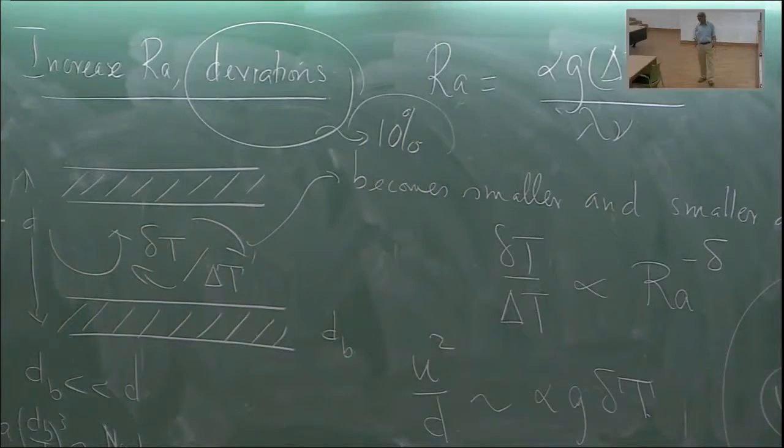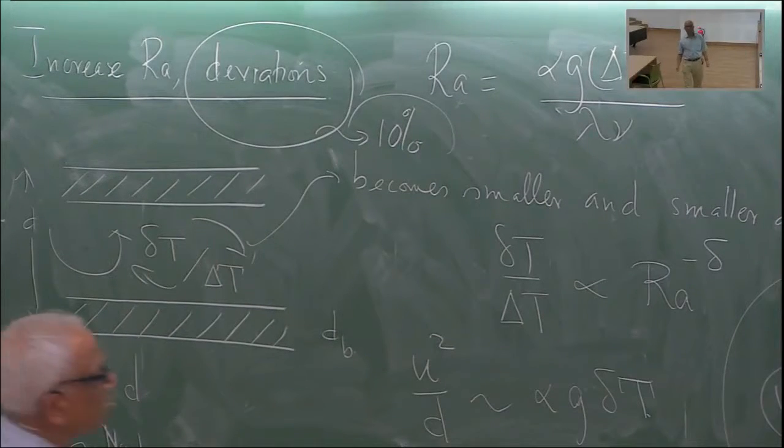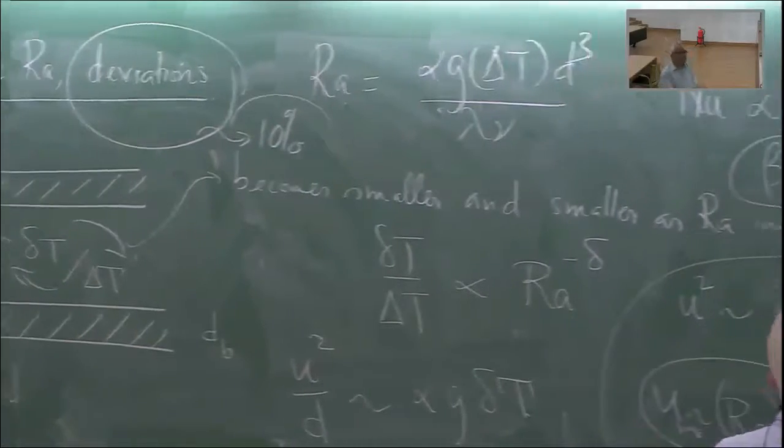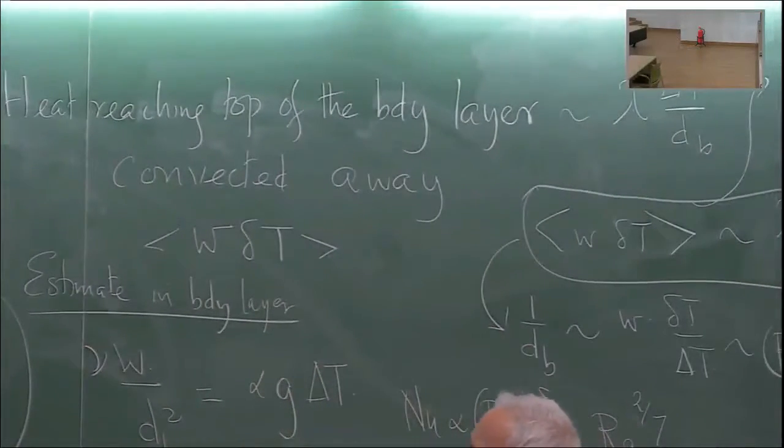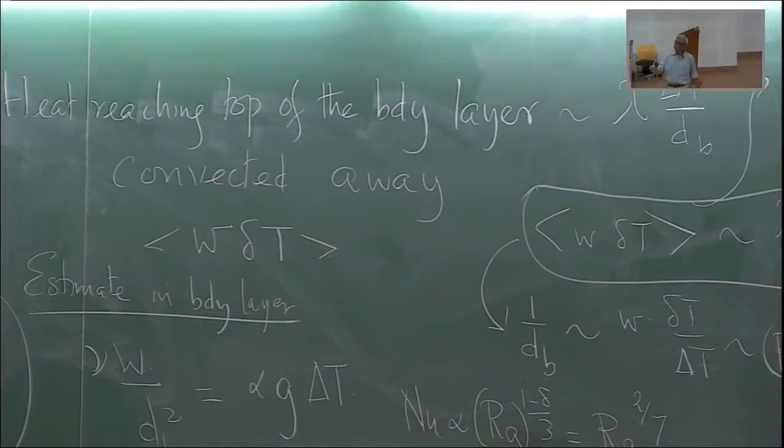So this was late 80s, and then a huge amount of work for the next couple of decades trying to fine-tune and more fine-tune. This is where experiments and theories get driven by each other.